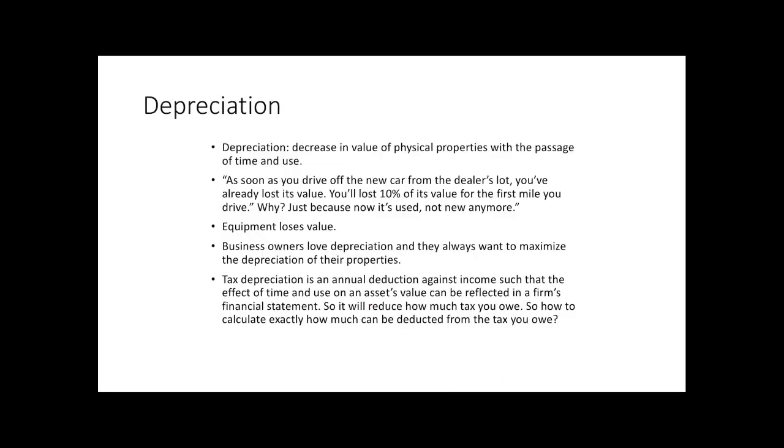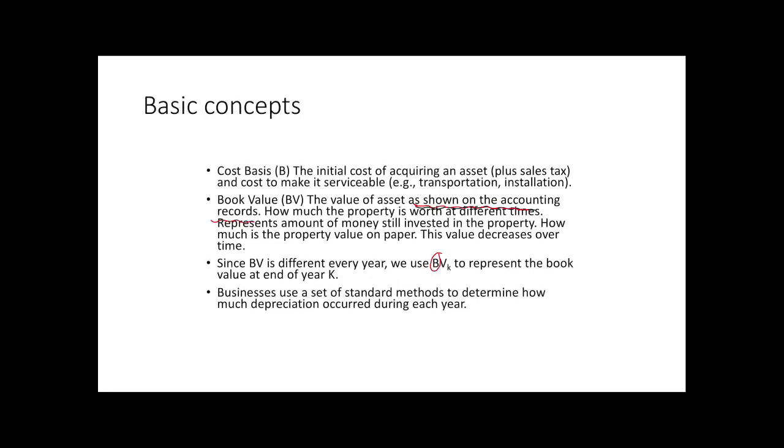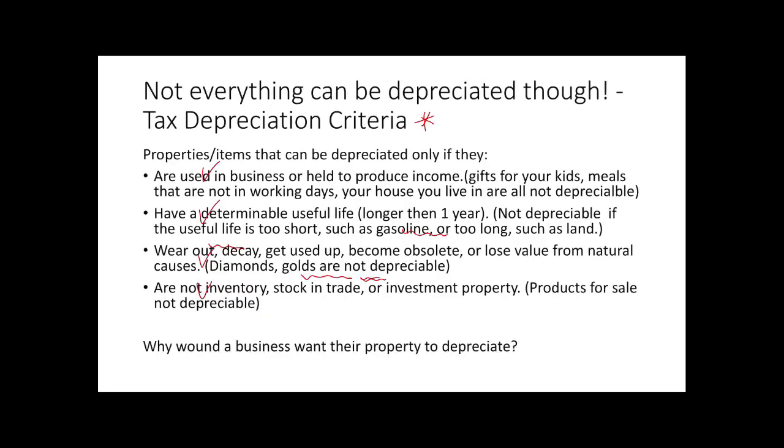Next we learned depreciation. You need to know what depreciation is, why business owners all like it, and how it affects your tax. Basic concepts: what is cost basis, what is book value, and how to calculate book value is what we learned.